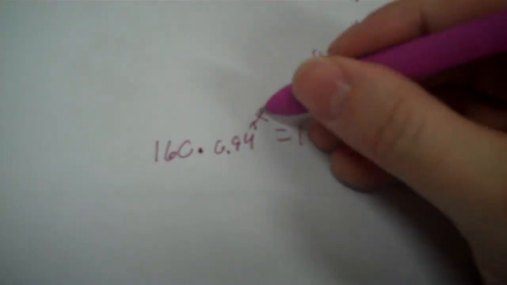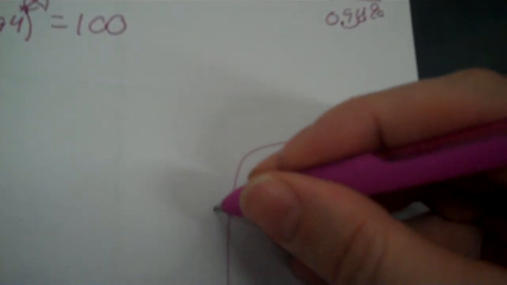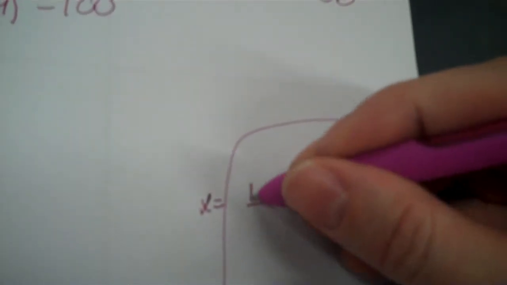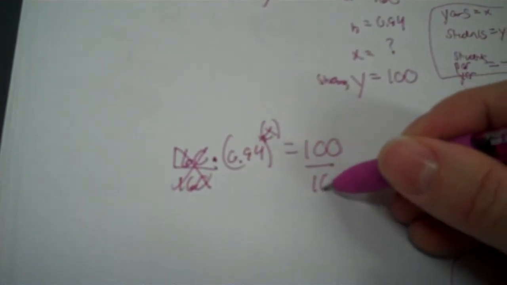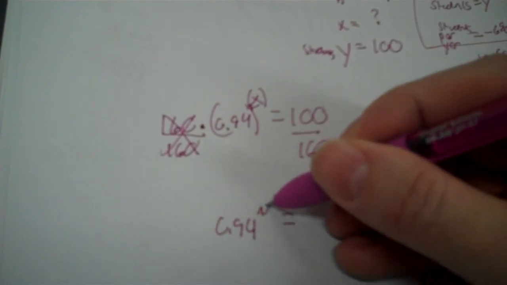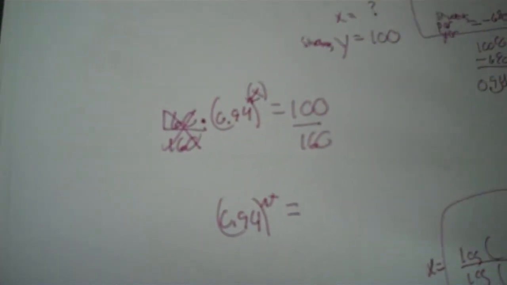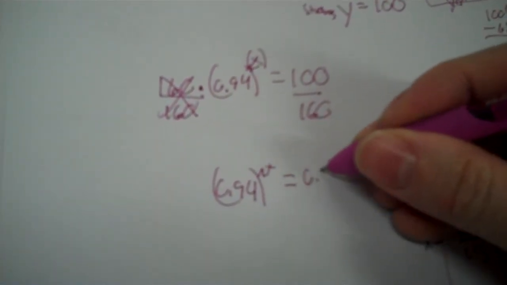Now, if you have a power, you need to parenthesize that in its base, okay? Because you are going to have to use the log over the log. So we have to unmultiply by 160, so I divide both sides by 160. That's 0.625.